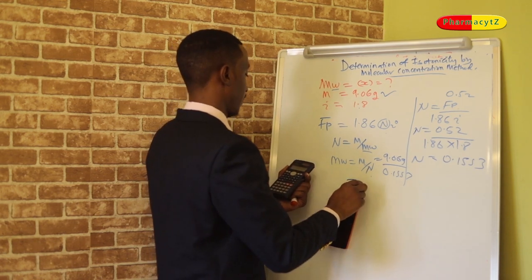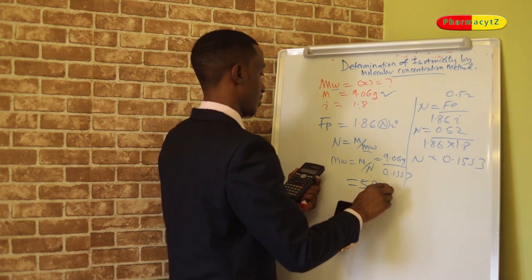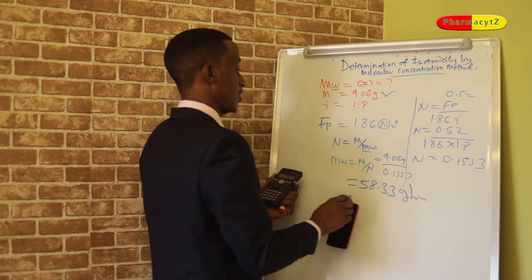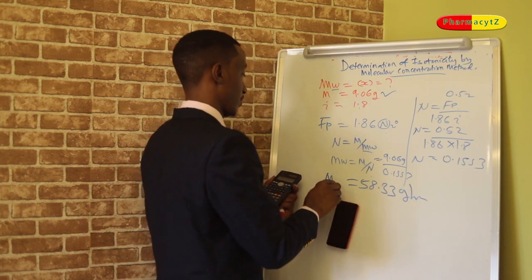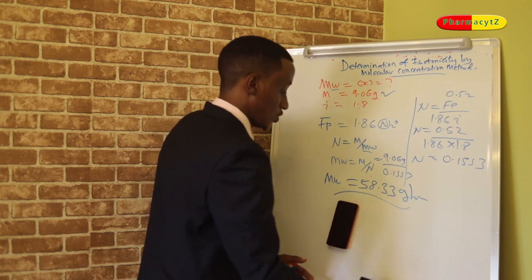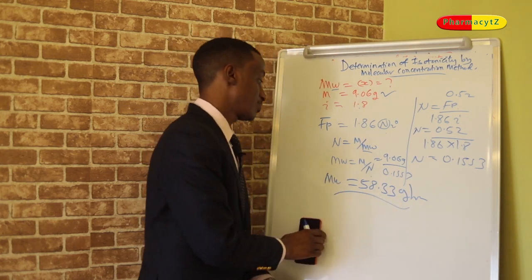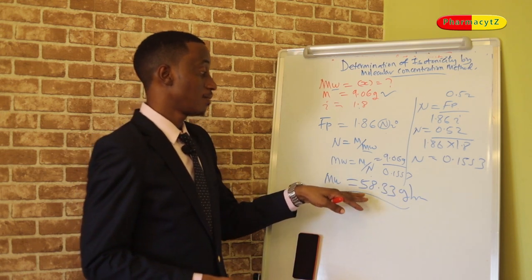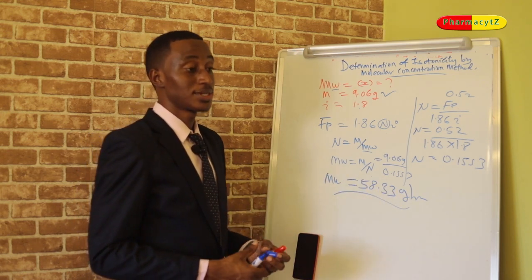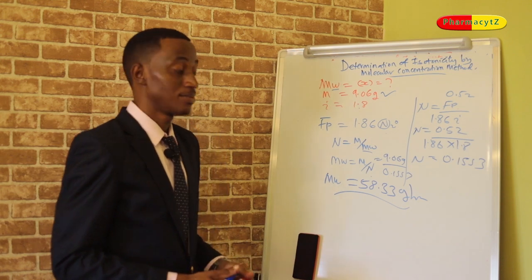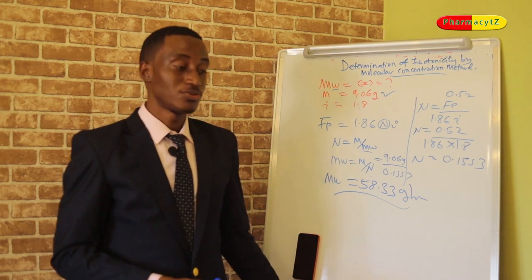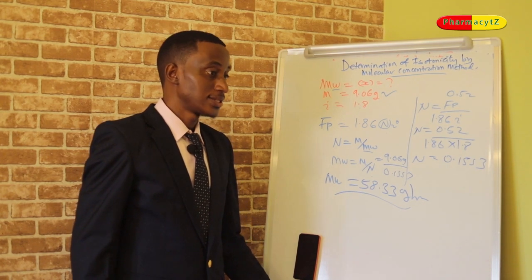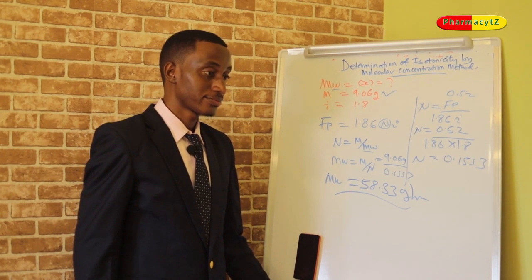Then you get 58.33 gram per mole. So at least this molecular weight can tell you something. 58.33 gram per mole. We may know that this substance was sodium chloride, because this is the molecular weight of sodium chloride. Let us look at the last example.